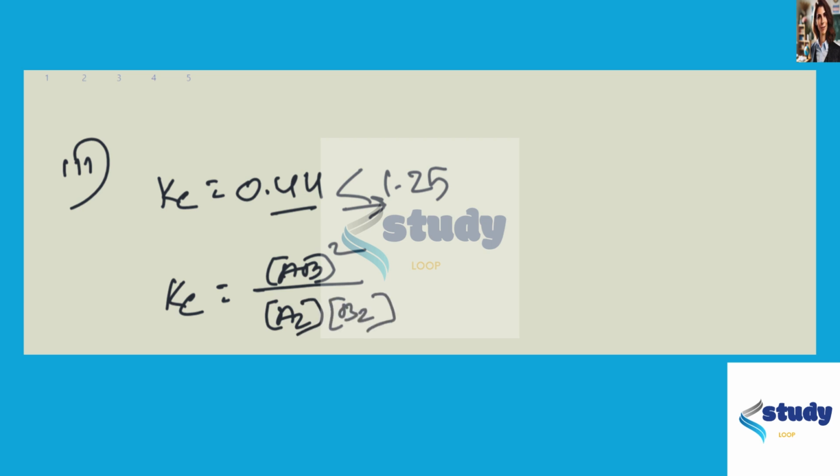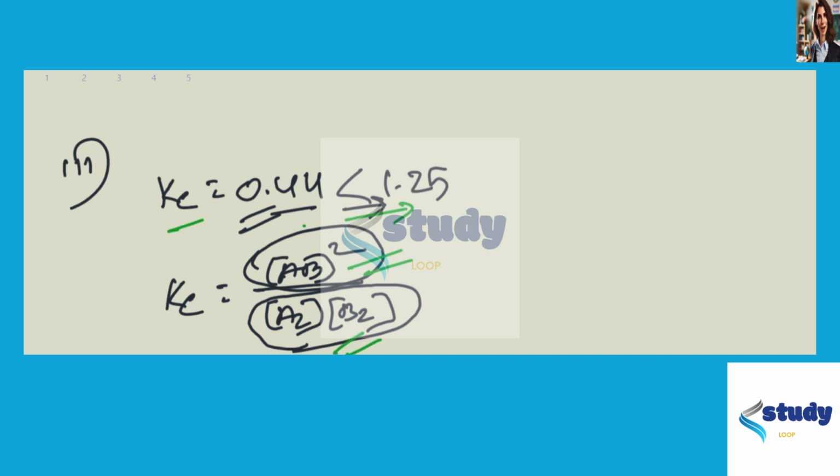If we have a Kc value smaller than 1, that means we have more concentration of reactant than product. To increase the value of Kc and reach equilibrium, we need to increase the concentration of the product and decrease the concentration of the reactant.